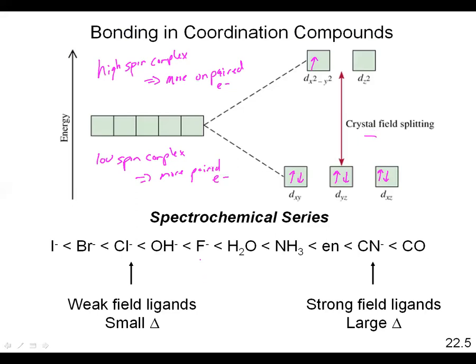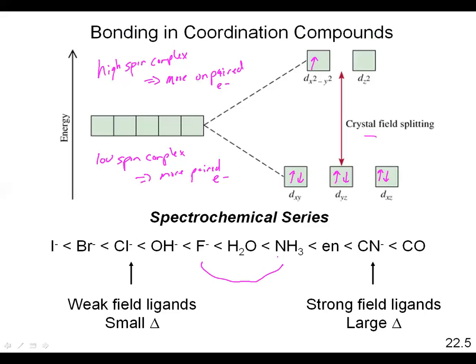So you may ask, what's the deal in the middle? Well, they will oftentimes give you some information as to how to draw the arrows in the boxes. They may say, do it with water as a low spin, or do it with water as a high spin complex.